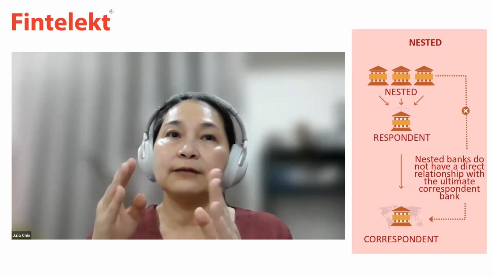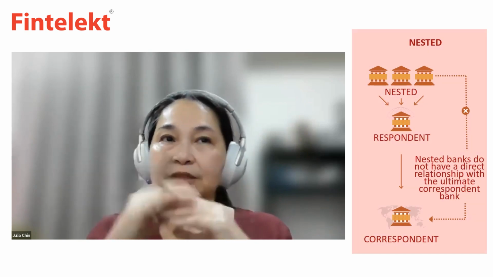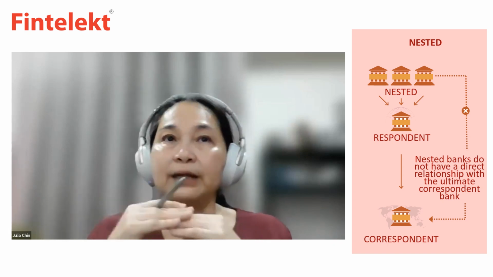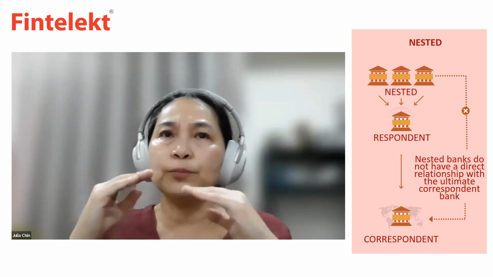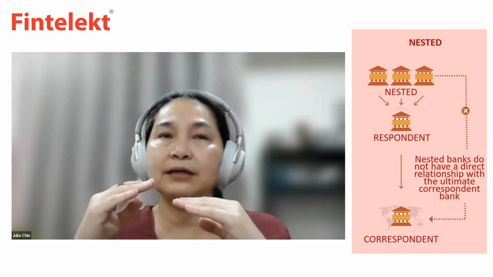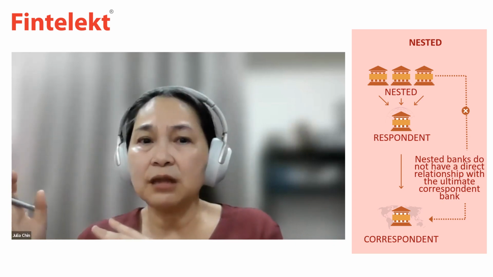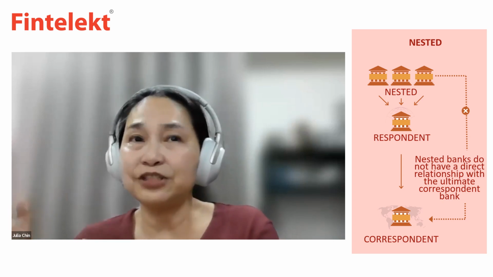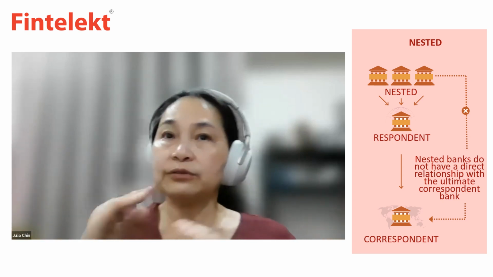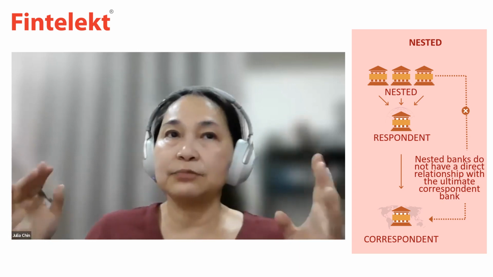And the other one is where you would have a respondent, which is again the bank in Manila, but this could possibly be where there is another bank that doesn't have a relationship with the correspondent bank. So they may want to reach out to this bank in Manila.